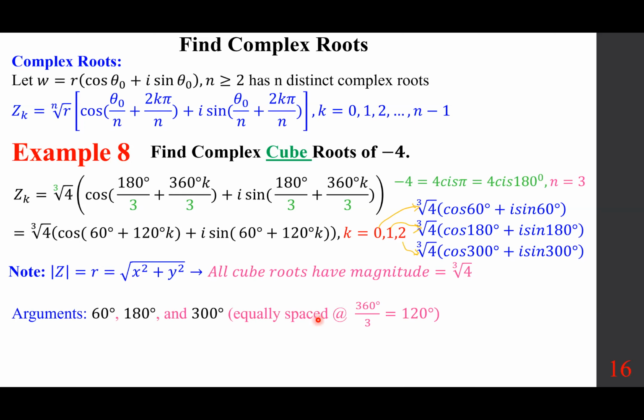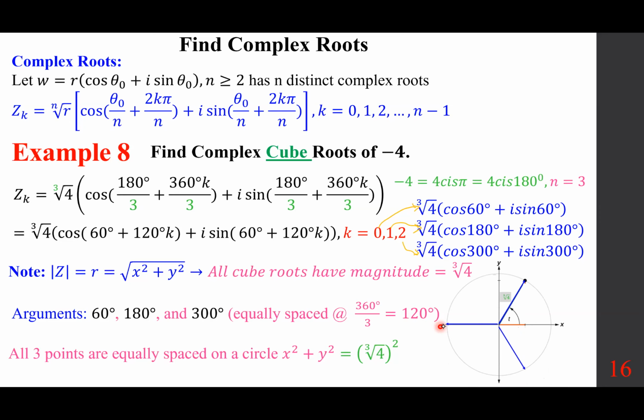which means they're equally spaced at 360 degrees divided by 3 or 120 degrees. So what does it mean? You can come up with the circle centered at the pole or the origin with the radius of cube root of 4. Again, cube root of 4 is close to 1.6 roughly. So all 3 points are equally spaced on a circle of x squared plus y squared equals cube root of 4 to the second power.